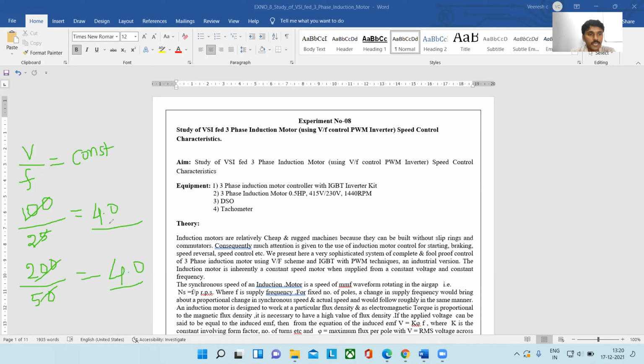Okay, if we are maintaining the constant value, V by F is equal to constant, whatever you change the values of voltage and frequency, but that value should be constant. So whenever we are getting the constant value, we can obtain the constant torque. For example, like this.